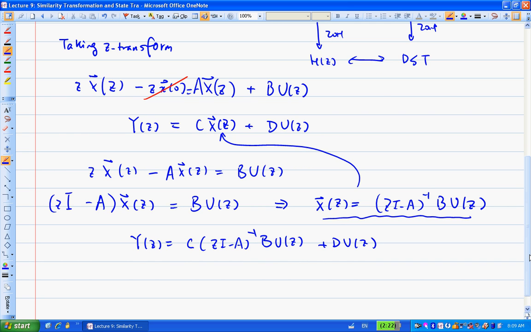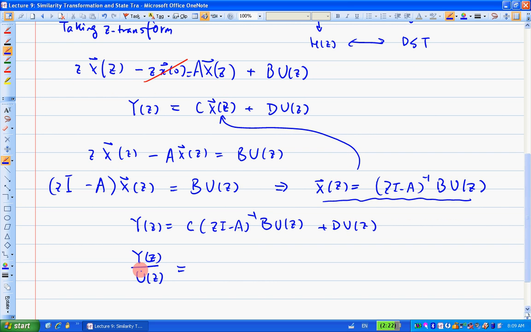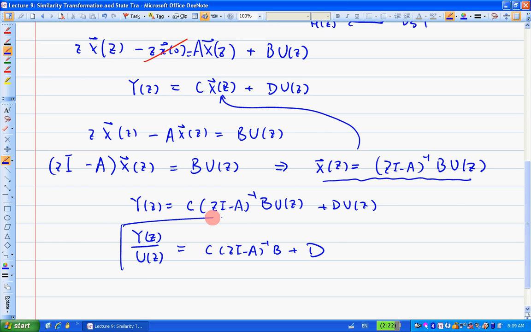Nicely, both terms have a U of z, so taking out the U of z and getting the ratio, which is the pulse transfer function, we get C (zI minus A) inverse B plus D. So this is the pulse transfer function from the discrete state space model.